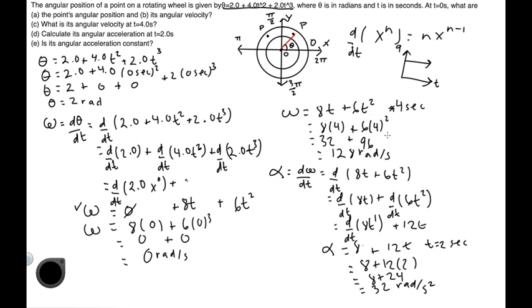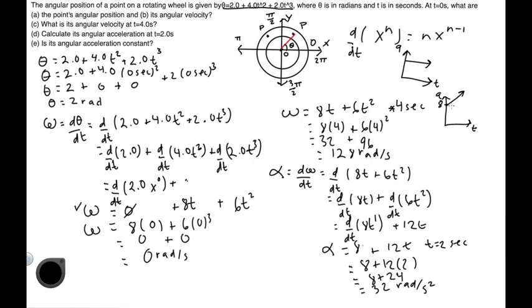it varies. So its graph is going to look like this. Here's our t-axis, here's our a-axis, and our formula is going to be 8 plus 12t. So our a-axis intercept is where t equals 0. There's going to be an 8 right here, and then it's going to have a linear graph with a slope of 12.